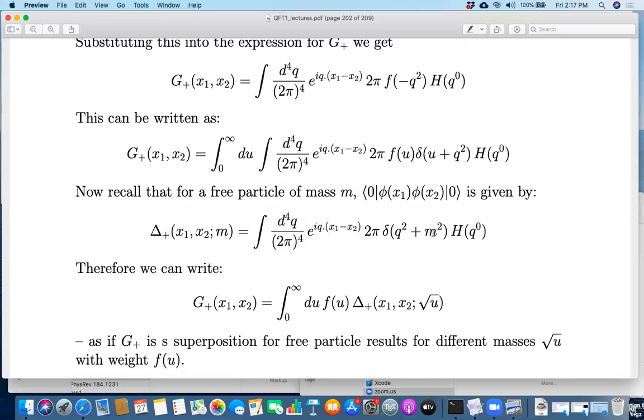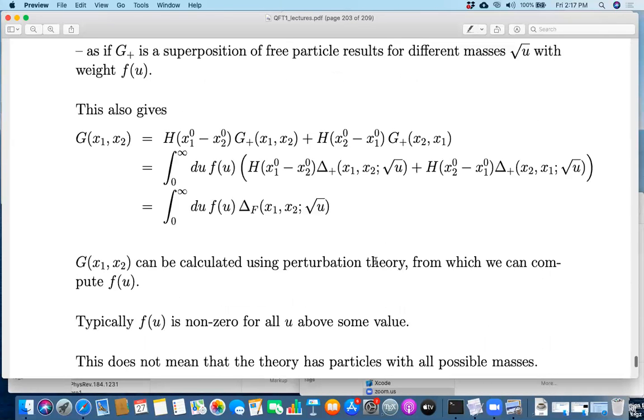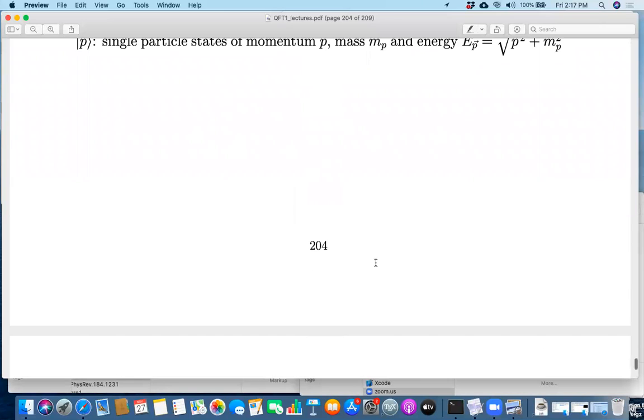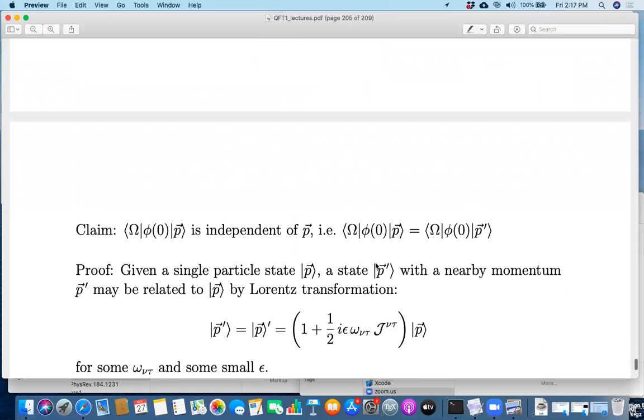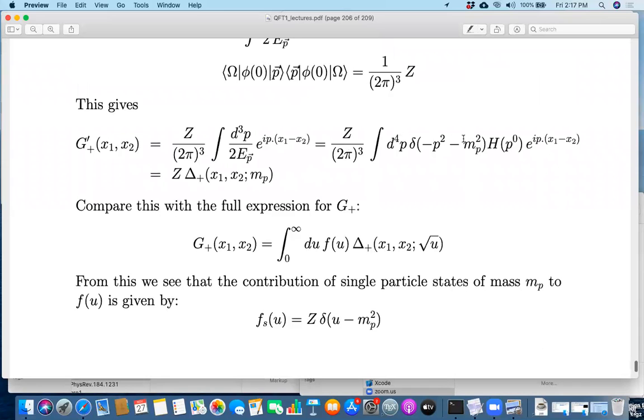There's a delta(q^2 + m^2) theta(q0), and integral d^4q e^{iq·(x1 - x2)}. It's exactly the same expression that we have arrived at here, except that here you have m_p, and instead of integration over q, I have integration over p. So this is then given by Z times Delta_+(x1, x2; m_p).